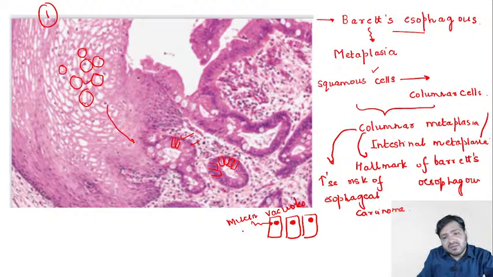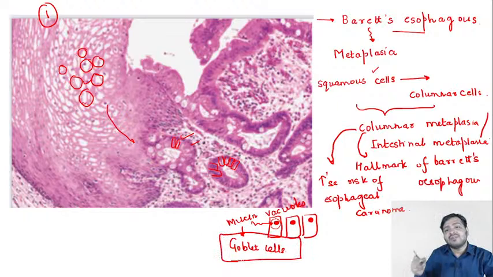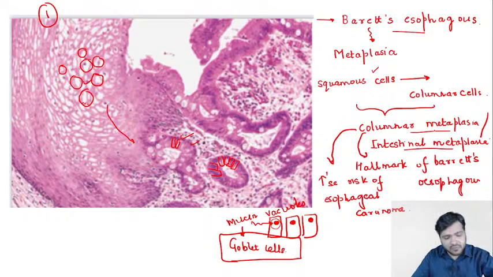This particular structure in which the vacuole is filled with the mucin is called the goblet cells, guys. Goblet cells are more prominent in columnar metaplasia or intestinal metaplasia.